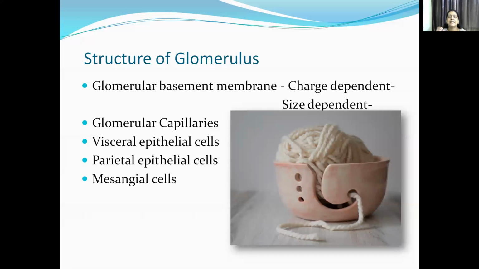Now coming to the mesangial cells. The mesangial cells act as pericytes or smooth muscle cells. I already told you the kind of support in between the capillaries, and then they form the mesangial matrix. These mesangial cells also have phagocytic activity. They produce cytokines whenever they think that there is an antibody attacking the kidney or the glomerulus.